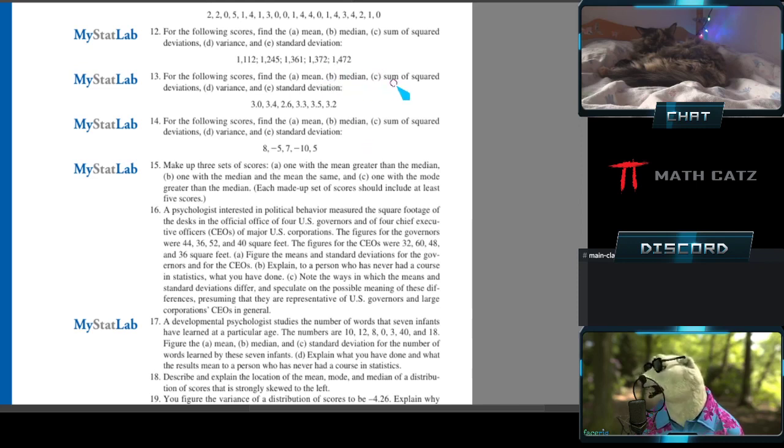The mean, the median, the mode doesn't make much sense here because none of them repeat. Like we said, mode is more important for categorical variables. Then we'll move on to the variability calculations: sum of the square deviations, variance, standard deviation.